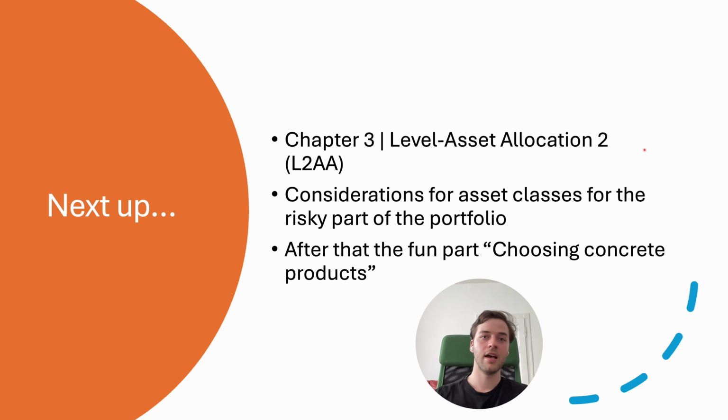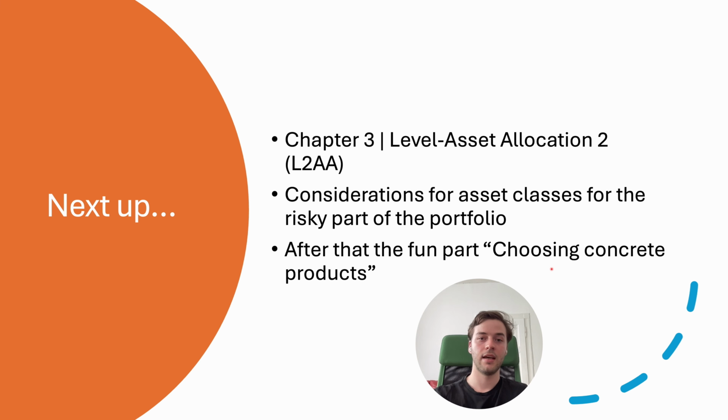From chapter 1, we already know a risky part of the portfolio will probably include a lot of ETFs, worldwide and diversified. But what else? What else can or should we mix into the risky part of our portfolio? And what should we put into our safe part of the portfolio? We will talk about that.